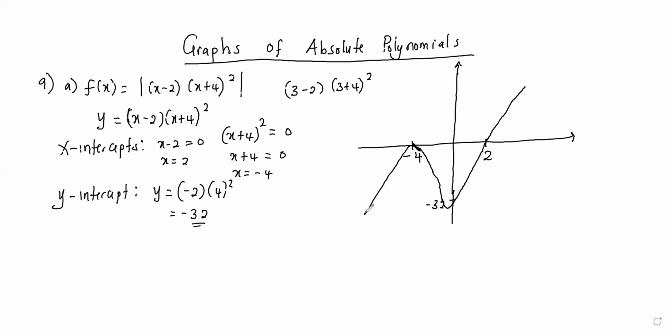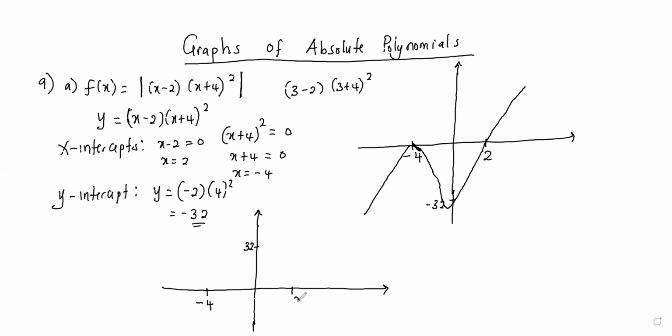Now, this is the graph of y, but you're supposed to put the graph of f of x. So now this is for f of x. What is it saying? It's the absolute. The absolute value makes a negative number positive. So what was negative 32 as the intercept becomes positive 32 as the intercept. What was negative 4 remains negative 4 because this is the x value.